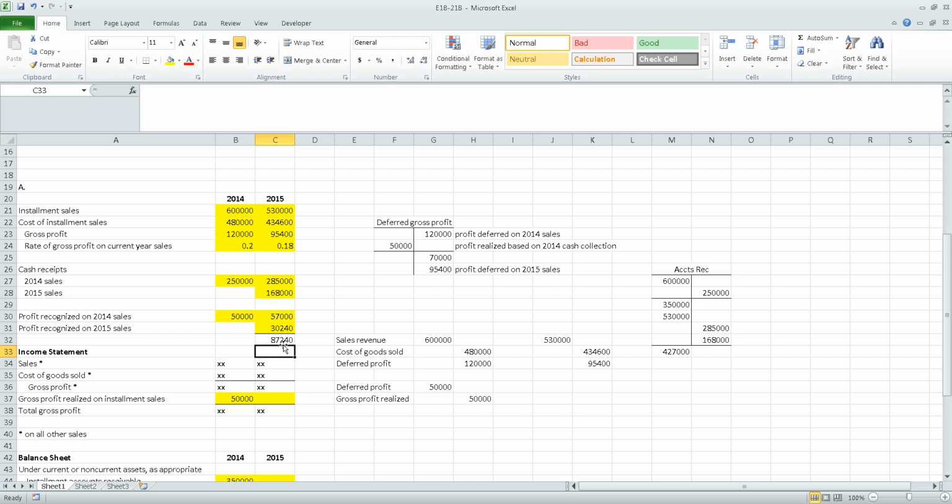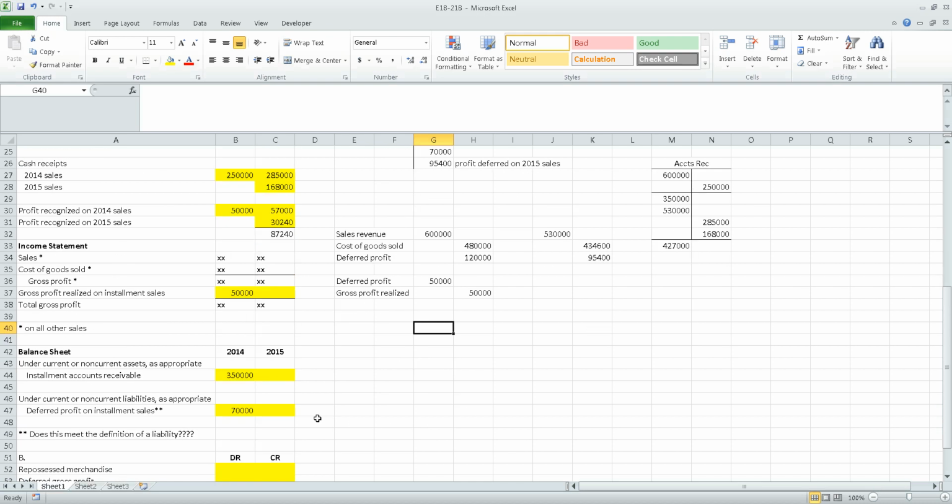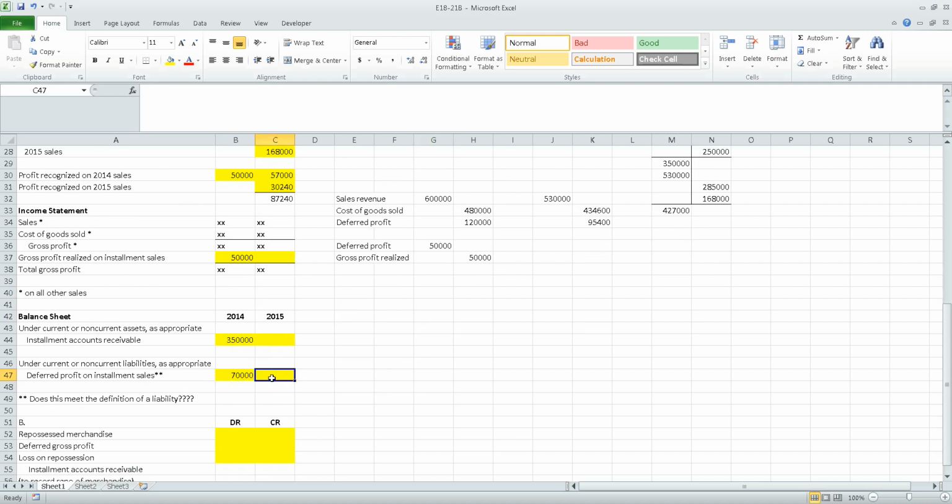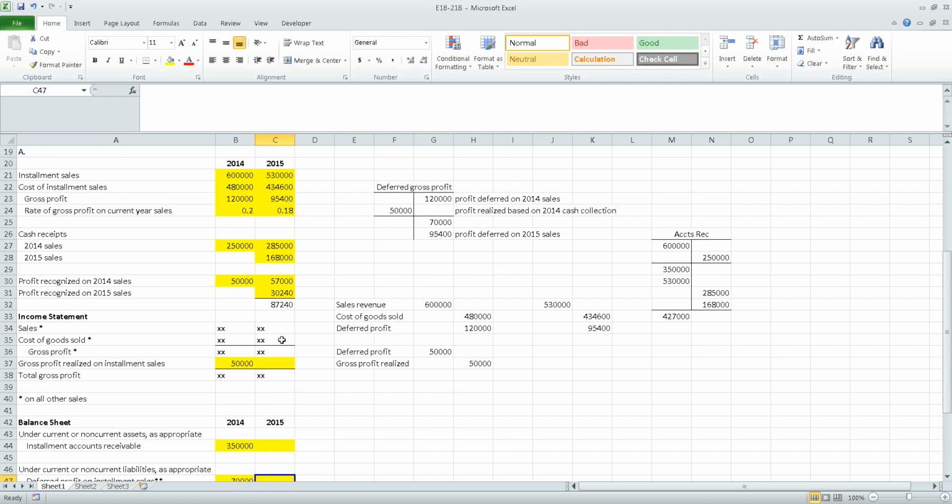So we are going to prepare an adjusting journal entry that debits deferred profit and credits gross profit realized. We're transferring out of this deferred profit account and carrying it over to report it on the income statement.